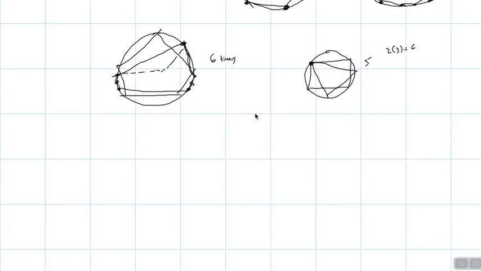So comparing all the different polygons then, basically, given 2 regular polygons inscribed in a circle, let's say one with m sides and one with n sides, let's say m is greater than n, the number of intersection points will be 2 times n, for these regular polygons inscribed in a circle.